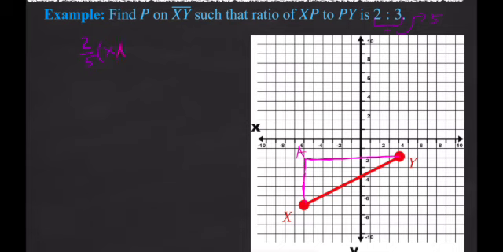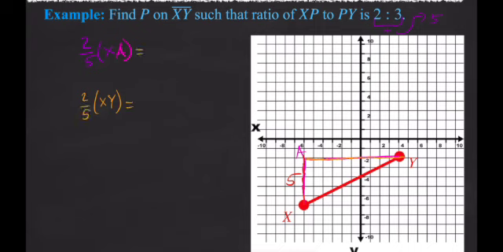Okay, so let's go X to A, 2/5 of that. So we have from X to A, we have 1, 2, 3, 4, 5. And from A to B, we have 1, 2, 3, 4, 5, 6, 7, 8, 9, 10. So X to Y, I said B, I meant Y, is 2/5 of that.